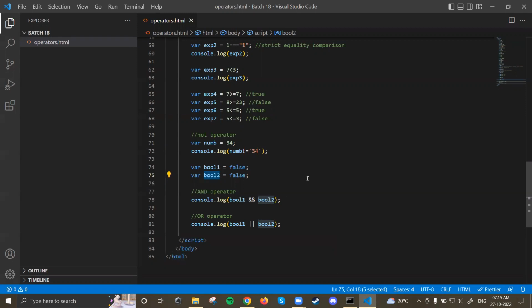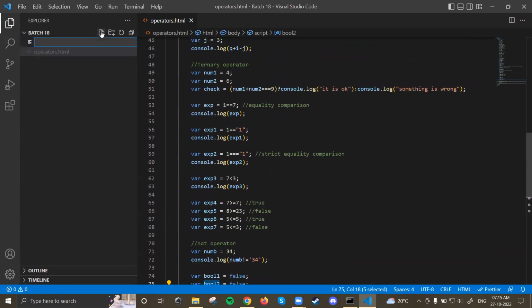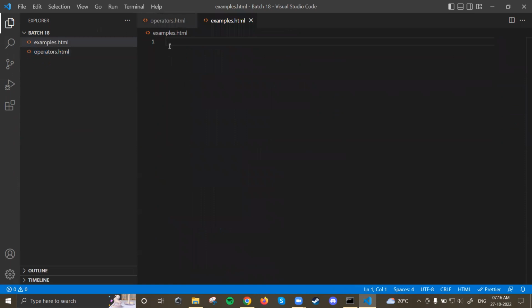Then any more operators? This much is fine for now. We'll see more operators when we do the examples. I hope everything is clear up to here. I'll create a new file here, we'll say examples.html.